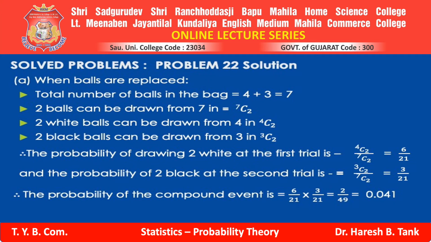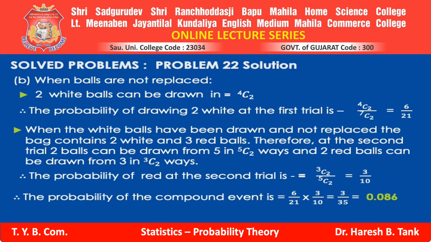Simplifying it, it comes to 3 upon 21. So the probability of the compound event is 6 upon 21 multiplied by 3 by 21 comes to 2 by 49, which is equal to 0.041. Is it clear? I hope it is clear.